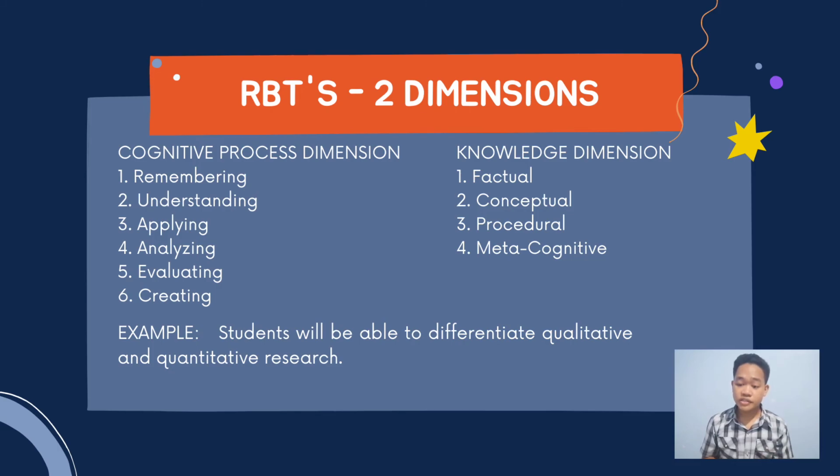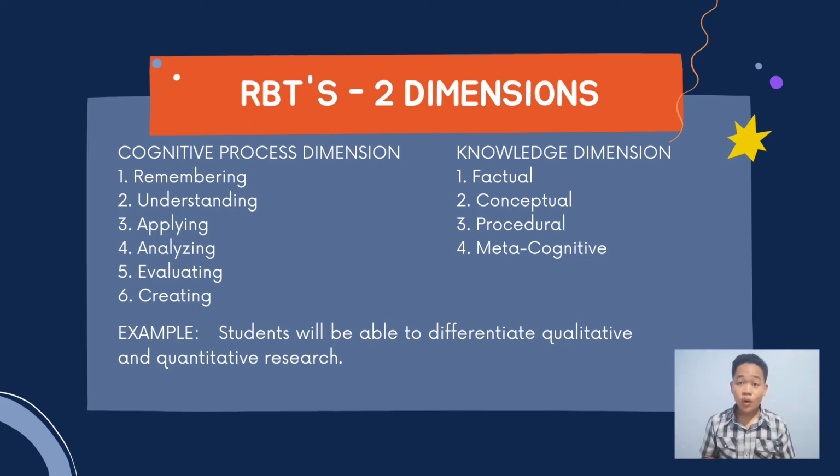And then another keywords here are qualitative and quantitative research. And these are the noun phrase that represents the knowledge dimension, the conceptual type of knowledge. Why?